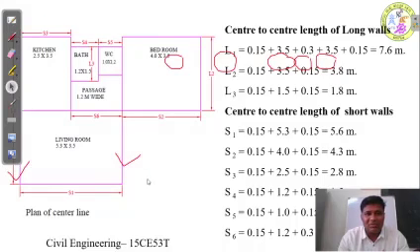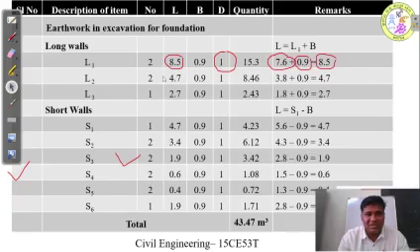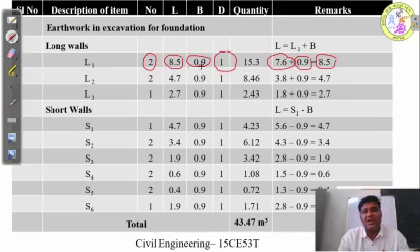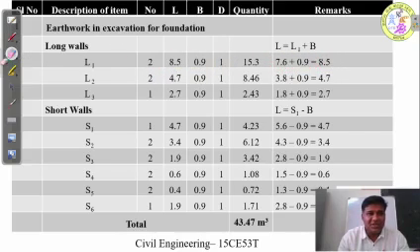So I am going to write 2 numbers as L1, and the width of excavation is 0.9. After writing all these quantities, you need to calculate the quantity. This quantity will be got by multiplying the numbers into length, into breadth, into depth, which gives me the quantity of earthwork for this wall L1.